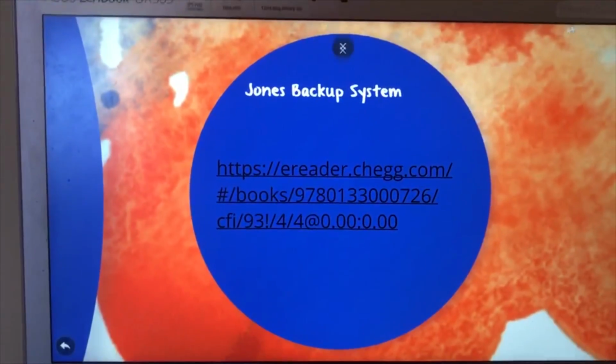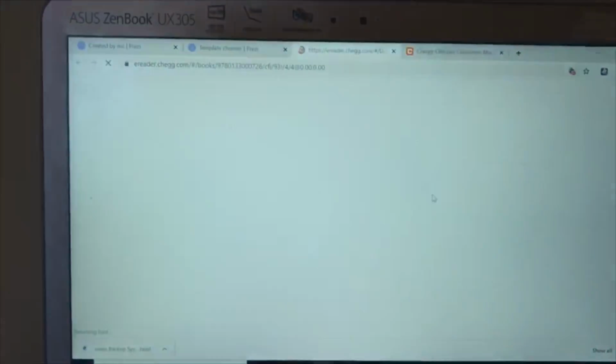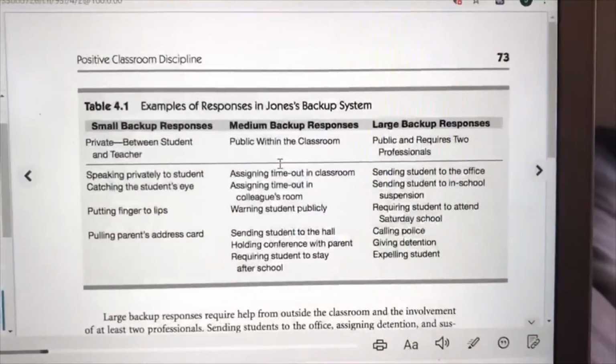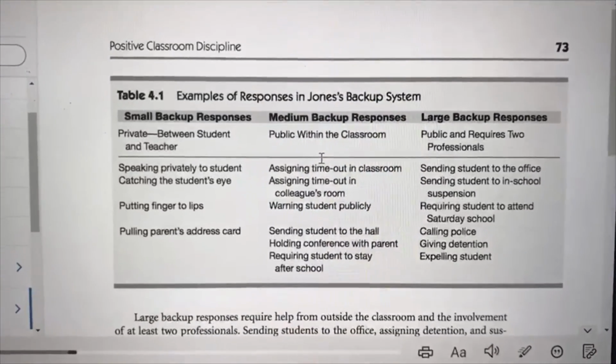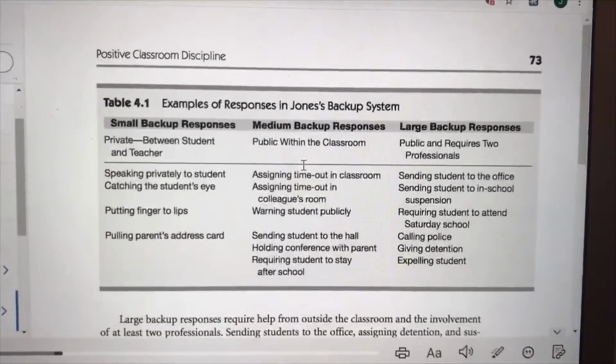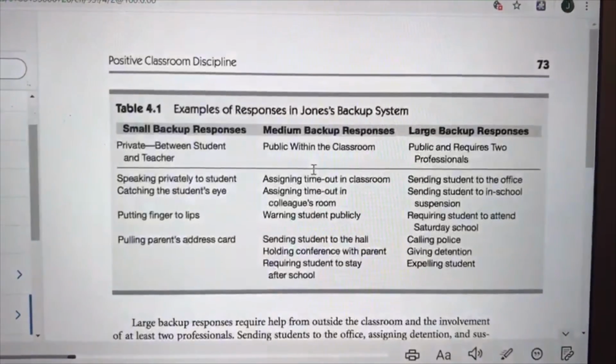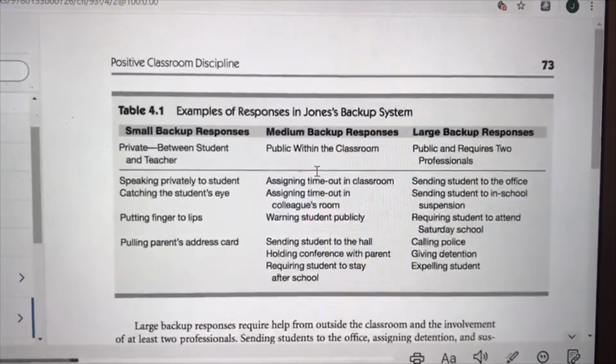And then Jones's backup system, and this is in the book. On page 73, it gives examples of responses. It has a small backup response, and that one's done privately between the student and the teacher.